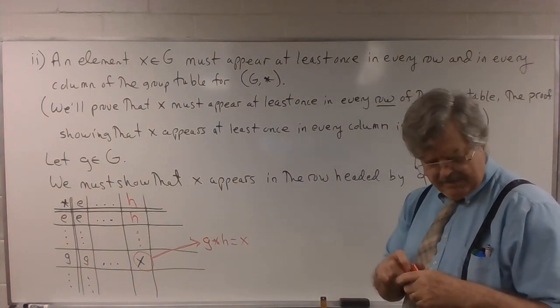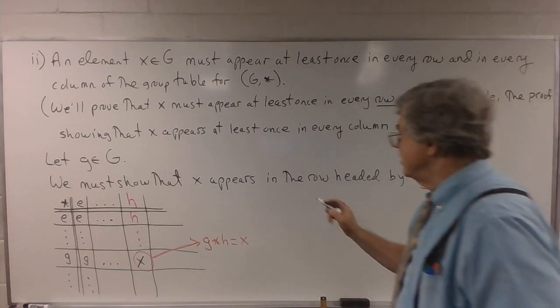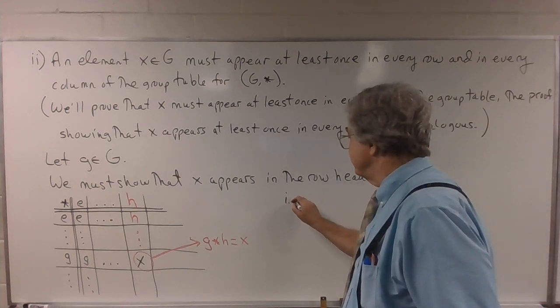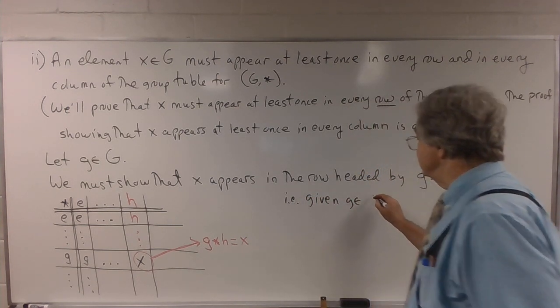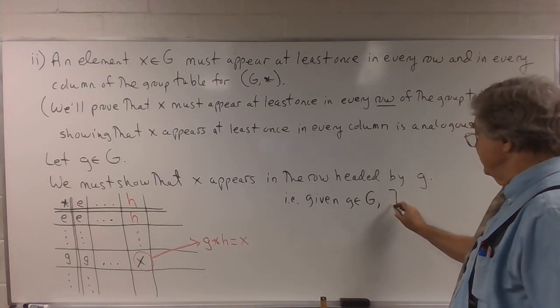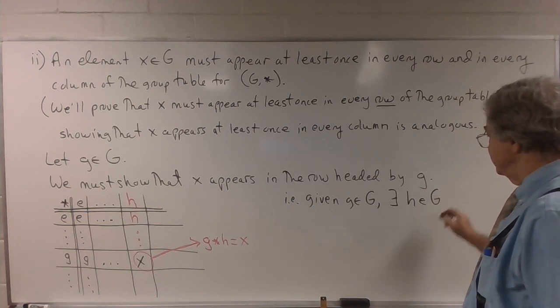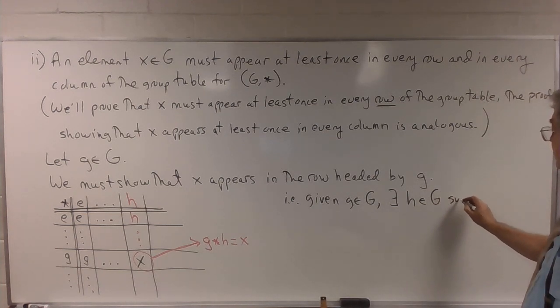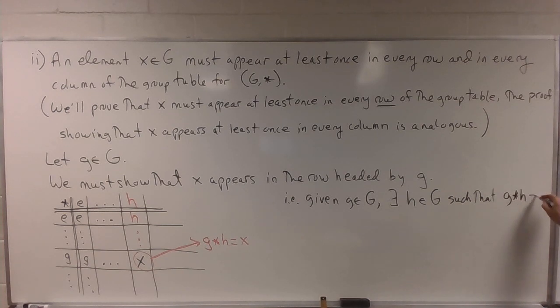So what we're claiming is, given an element little g in the set G, there exists an element h in the set G such that g star h equals X.